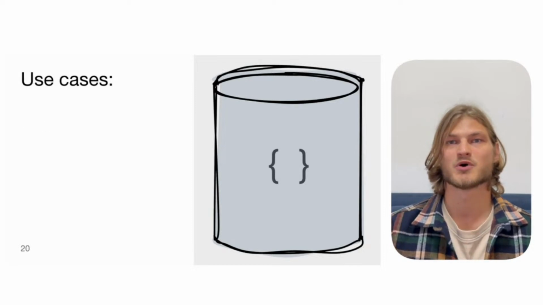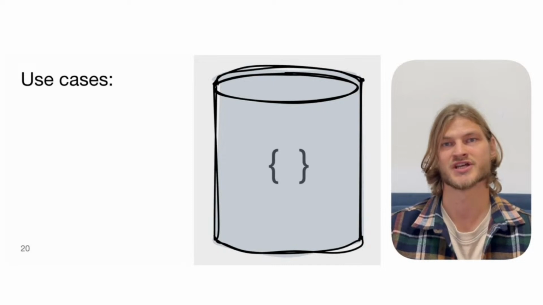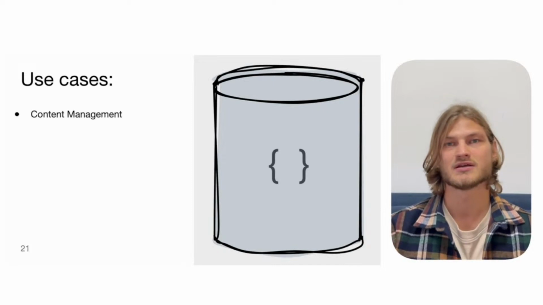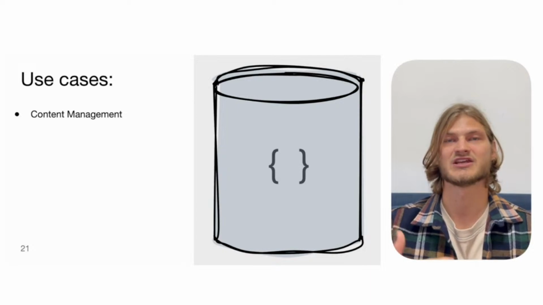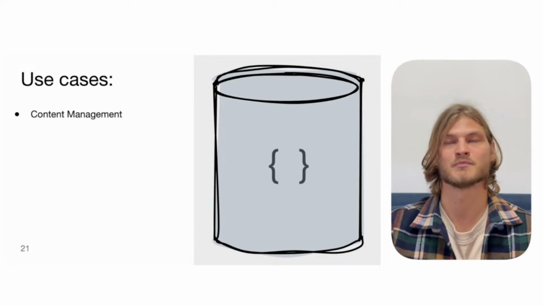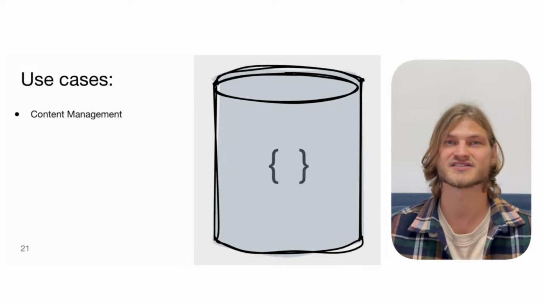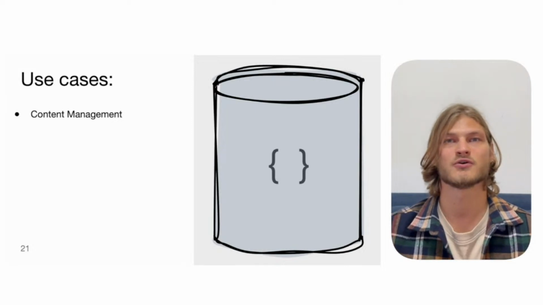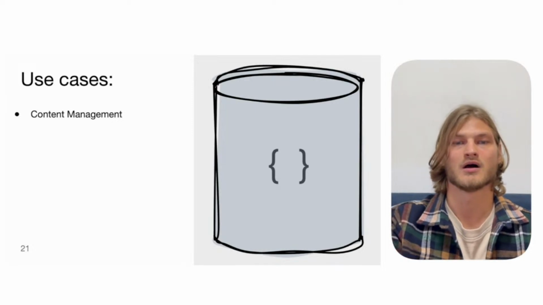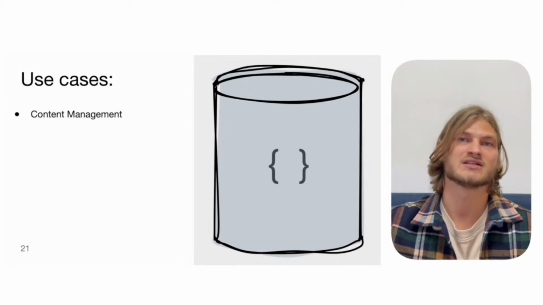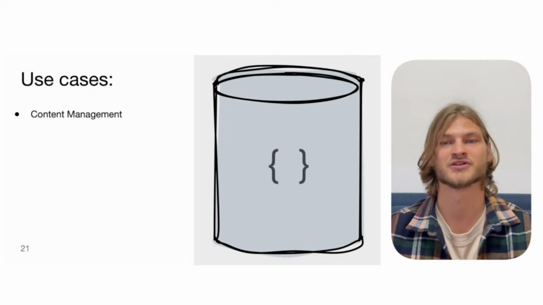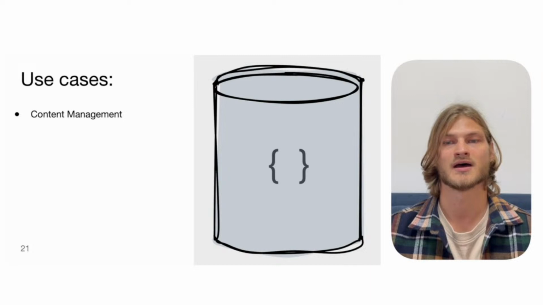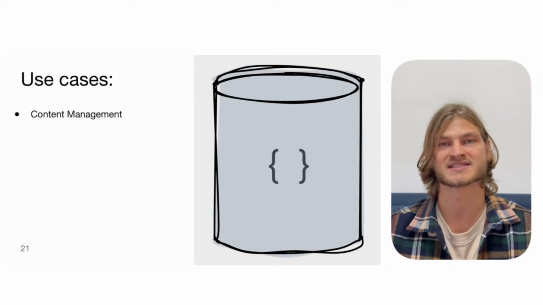And let's speak about use cases of such databases. It can be used for content management, so it can efficiently store and manage content such as articles, images, video, and audio. It's also pretty useful in digital libraries and in content management systems like CMS.